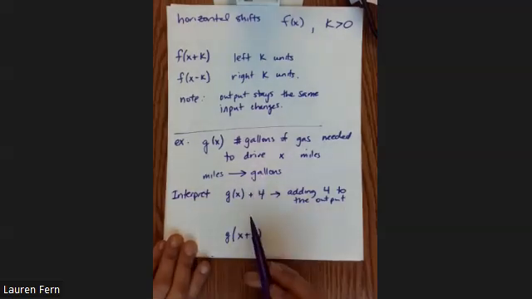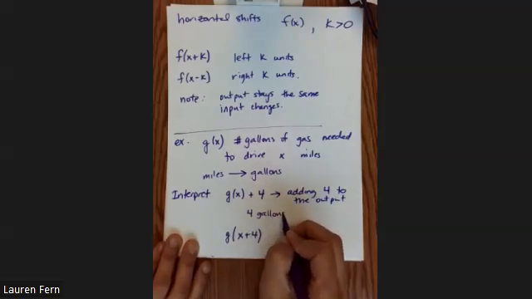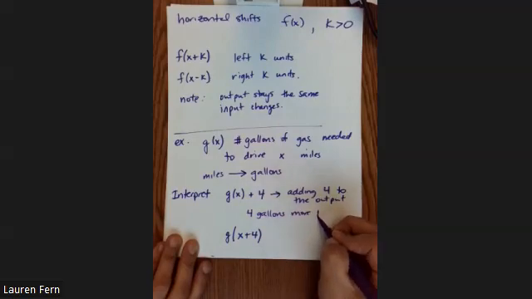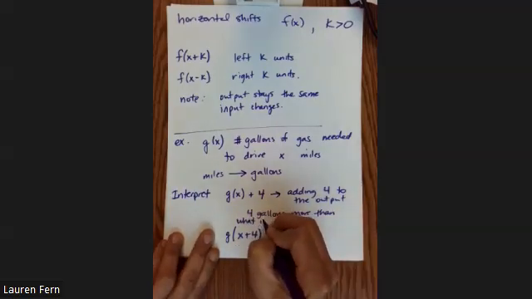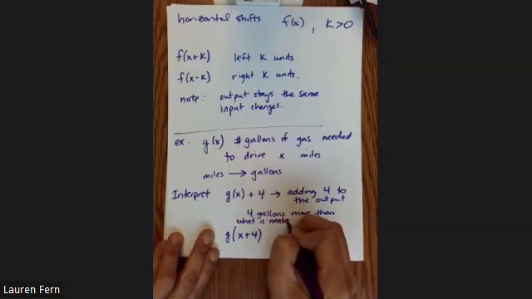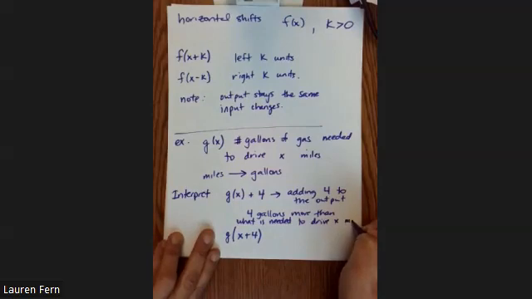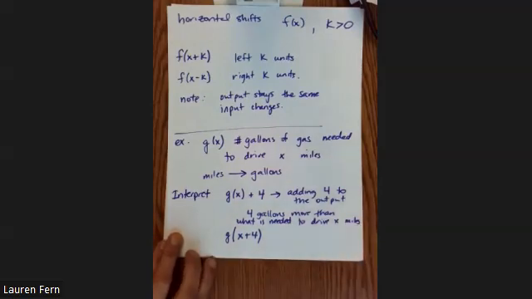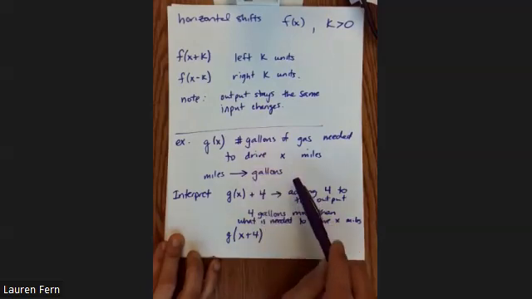Well, what does this mean in the context of the question? Well, isn't it 4 gallons more than what is needed to drive x miles? Right, we're adding 4 onto our output, which is our gallons.